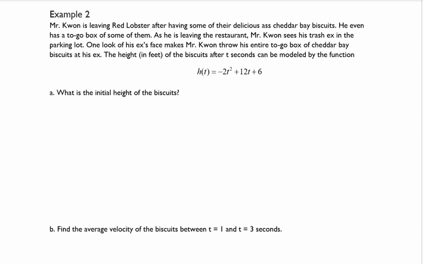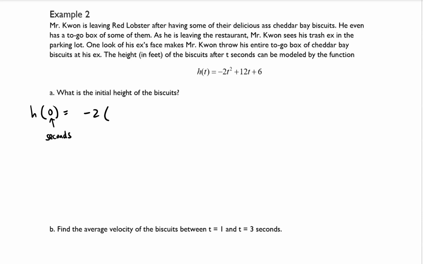The height in feet of the biscuits after t seconds can be modeled by the function h of t equals negative 2t squared plus 12t plus 6. What is the initial height of the biscuits? So we would like to evaluate h of 0, because this represents 0 seconds, which is the initial time.